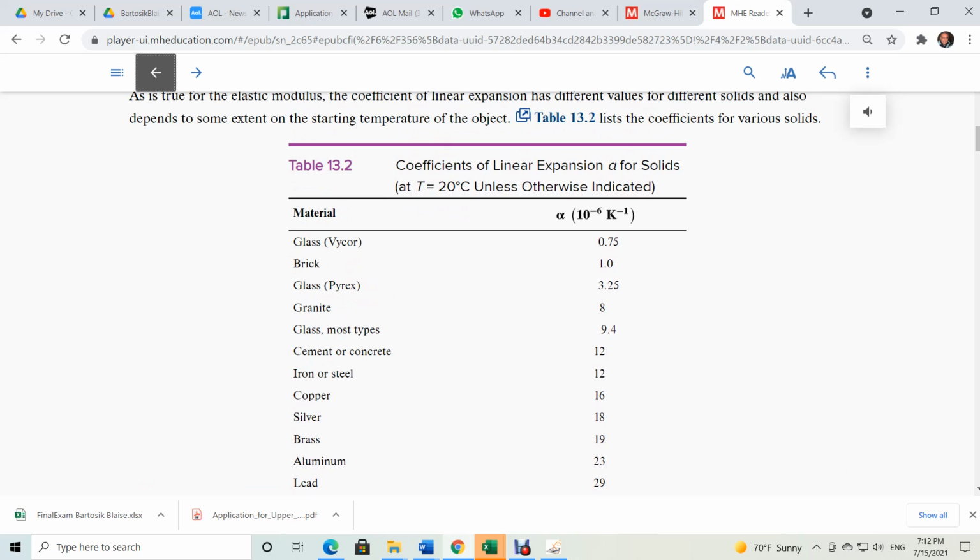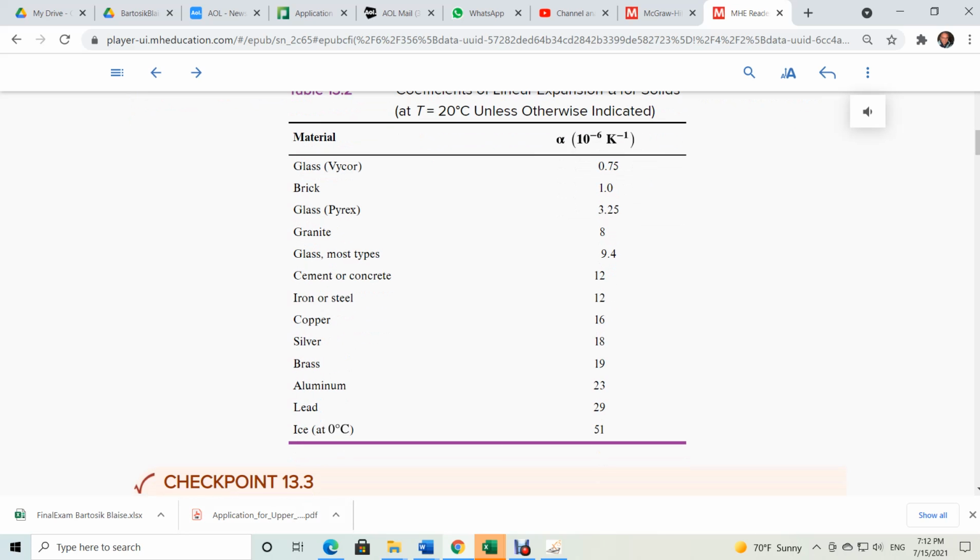Here you go. Glass brick, a special type of glass that's Pyrex, this other glass is Vicor, a different type of glass, granite, most types of glasses, cement or concrete, iron, steel, copper, silver, brass, aluminum, lead, and ice.